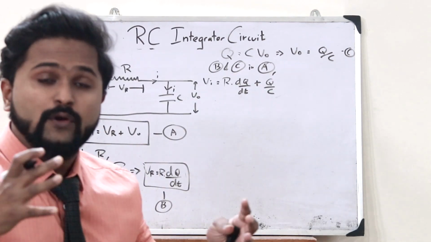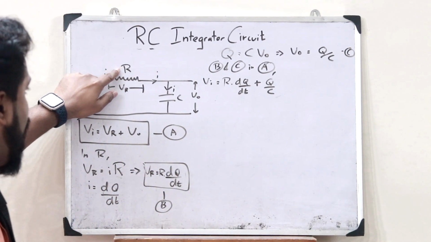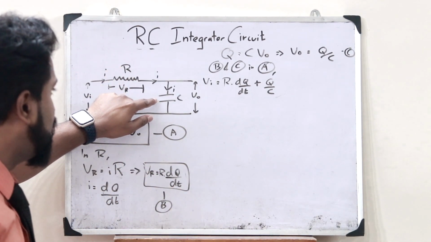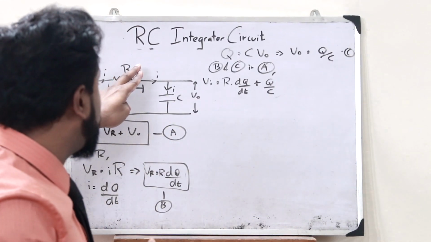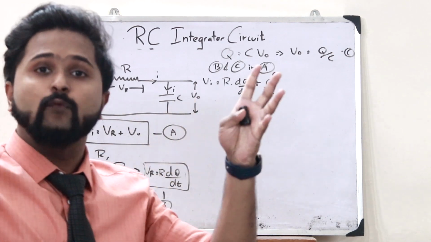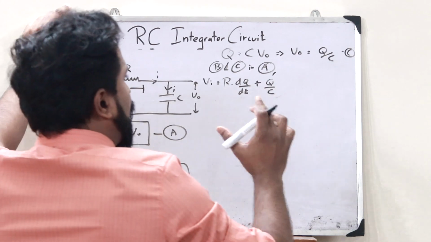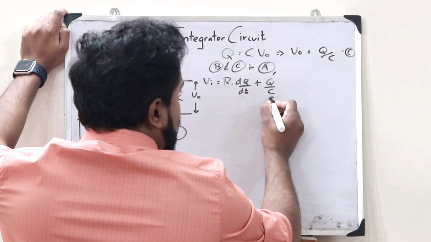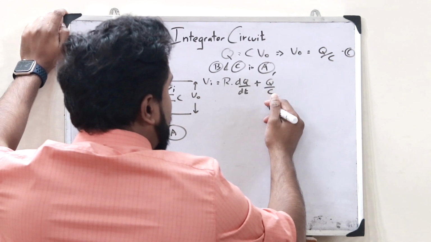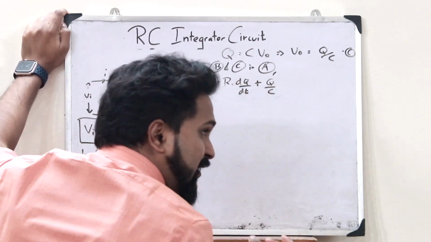Now we are going to make an assumption. We are assuming that the values of the resistor R and the capacitance C are very large. Since C is very large and it is in the denominator, the term Q by C is very small.